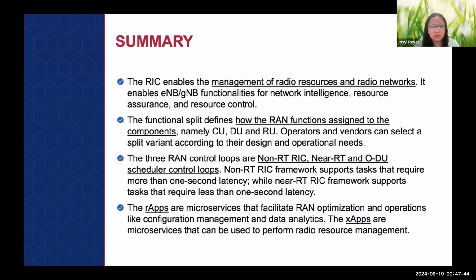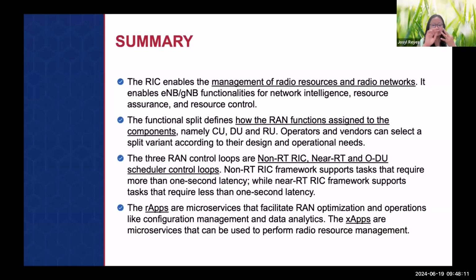And it enables various functionalities from the eNode B and gNode B. And then we also learned about the functional split, how the RAN functions are assigned to the components. We have the three major components of the access network: the RU, DU, and CU. And all these three perform different functions of the RAN protocol stack.